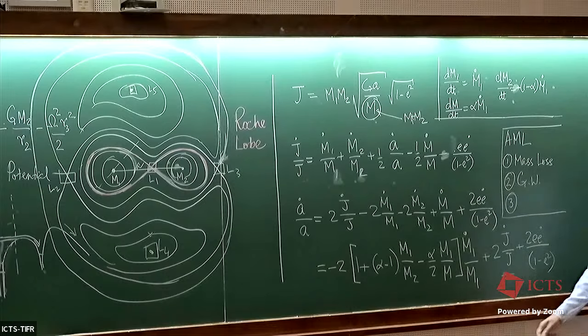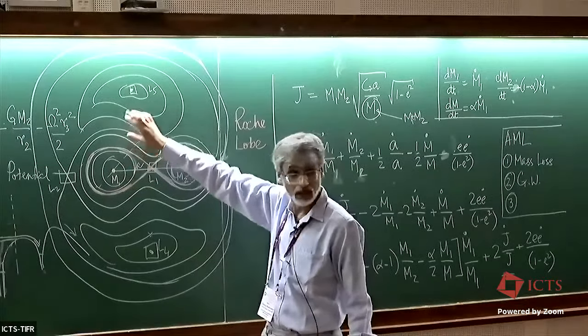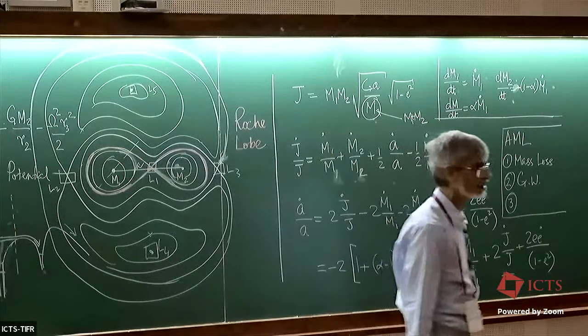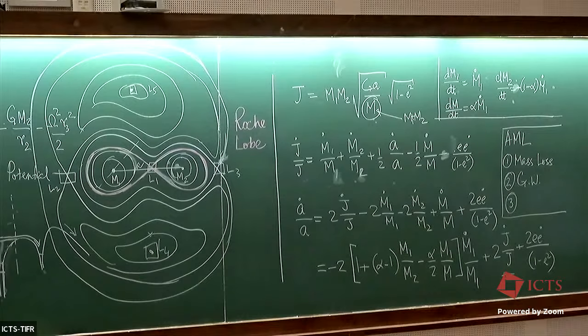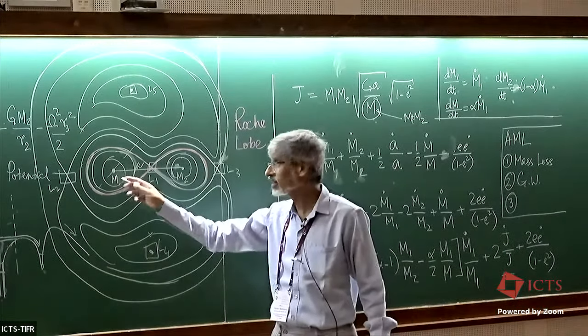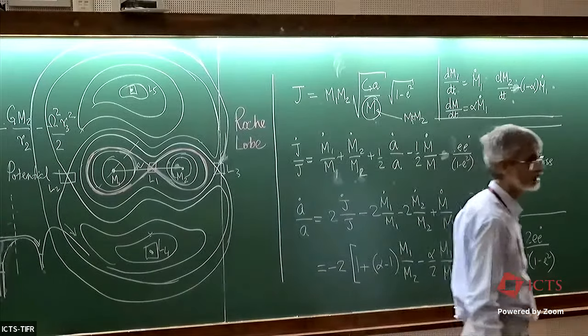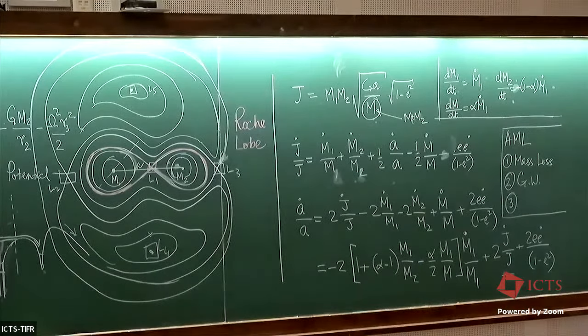Now, the magnetic stellar wind from this star takes away spin angular momentum of the star, therefore tries to spin it down, which means once that happens, this star is now going to rotate slower than the orbital period, because the spin angular momentum is being lost in the magnetic stellar wind.